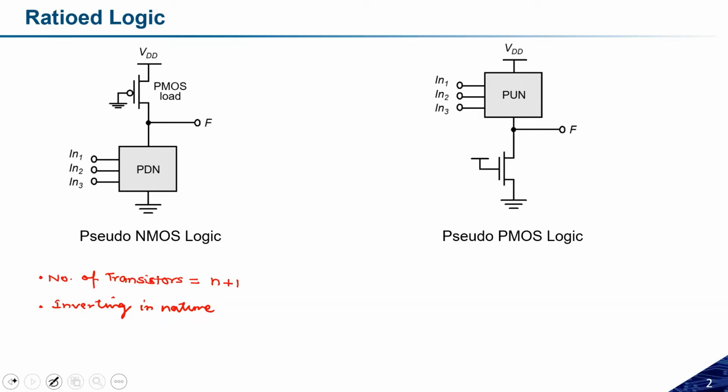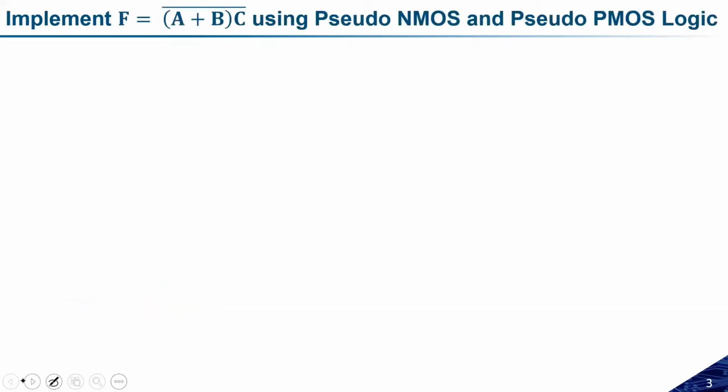If I use pseudo NMOS logic, I need to design the pull-down network, and for pseudo PMOS logic, I need to design the pull-up network. If we recall the previous designs for combinational logic circuits, for the pull-down network, whatever function we have, I just need to complement it, and then I will get the pull-down network structure. Okay, so let me write something here.